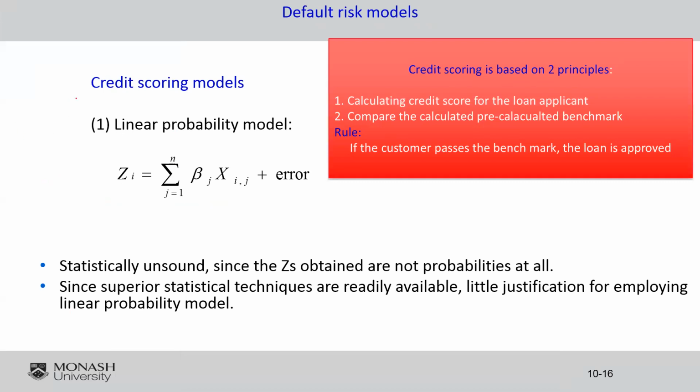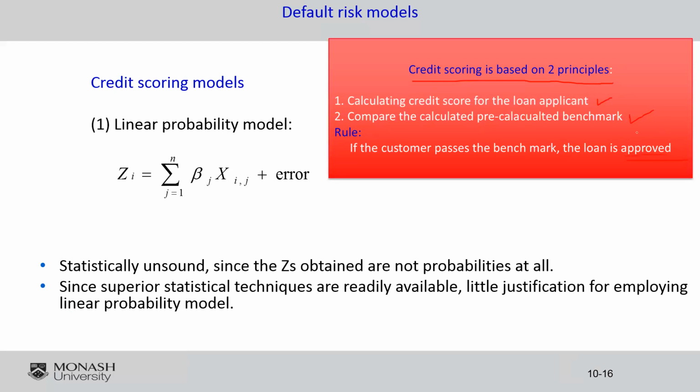The rule of credit scoring, I want you to understand it. It's two principles. You have to calculate a score, and you have a benchmark, which you have calculated before. If the score beats the benchmark or is higher, you approve the loan.